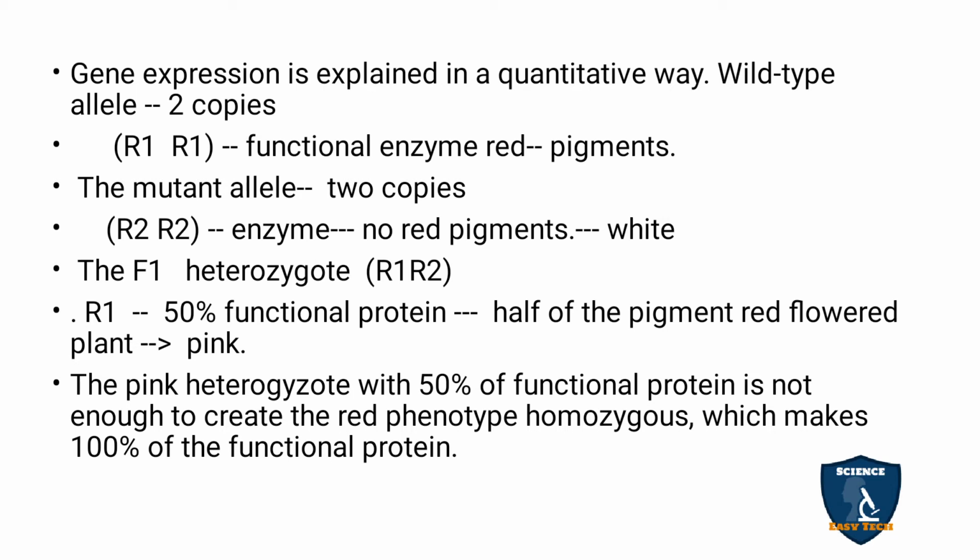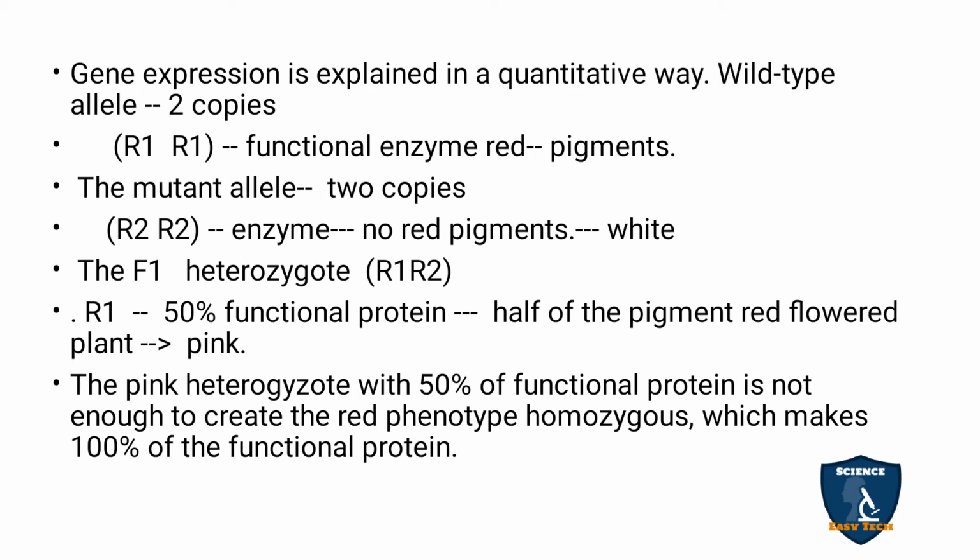In the F1 heterozygous condition, R1R2, the R1 is only 50% functional, it produces protein. Only 50%. It needs the entire 100% of protein to get the red color. But here you are getting 50%. Because of that, the flower is pink in color.